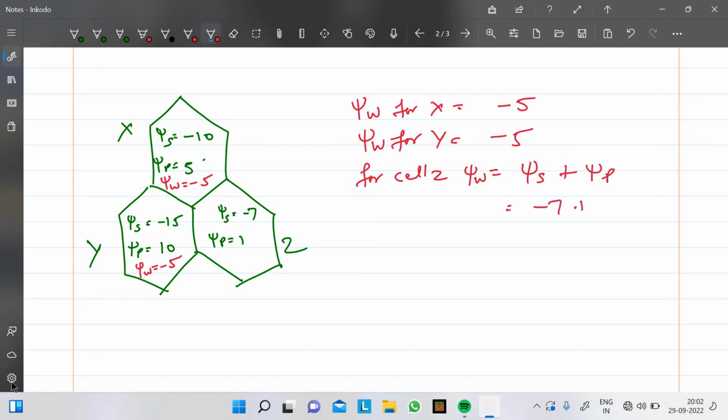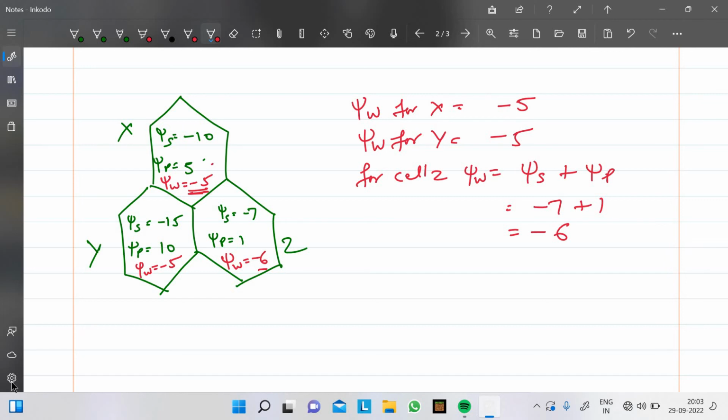This is -7 plus 1, or -6. So have a look here. वाटर पोटेंशियल की वैल्यू हमेशा नेगेटिव होती है क्योंकि प्योर वाटर को हम जीरो मानते हैं। ओके, सो which cell has minimum water potential? Now -5 value is more closer to 0 than -6.